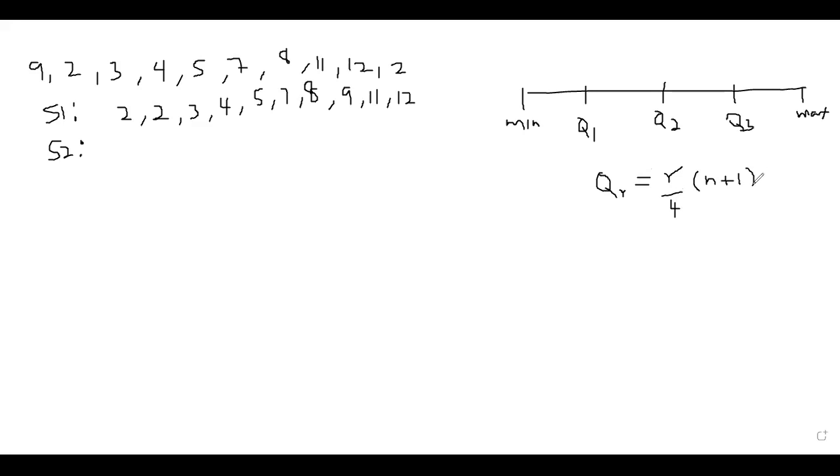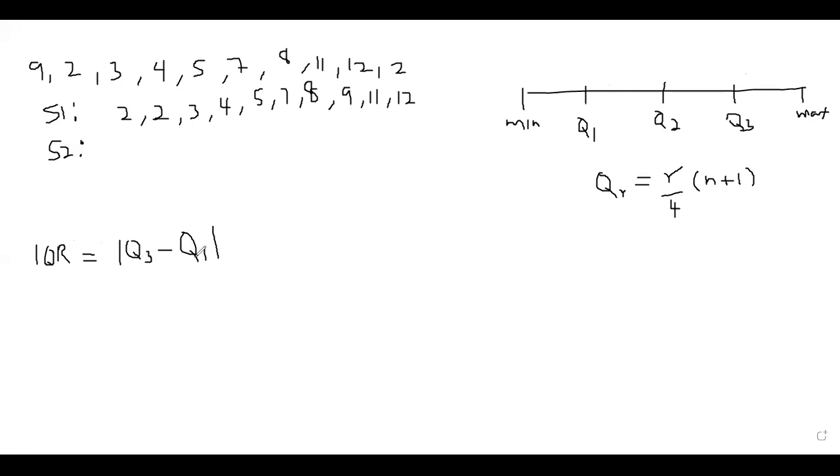So the interquartile range, the IQR, is given as the third quartile minus the first quartile, which gives a measure of what is happening in the central 50% of your data.